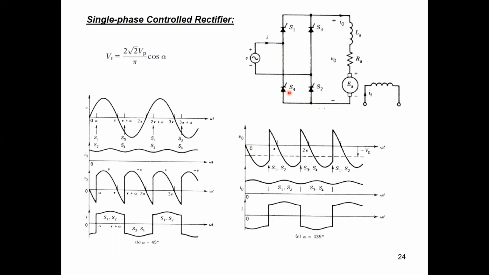This is called a thyristor. A thyristor is used with a maximum of a few hundred hertz, around 400 hertz. This is the maximum frequency that can be used. But for our supply, which is 50 hertz or 60 hertz, the thyristors will be safe because the frequency is within the limit of the thyristor data sheet.